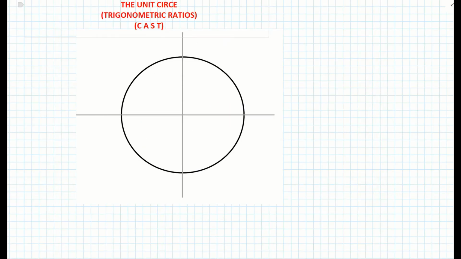So here's my unit circle, and I'm just going to draw my radius line from the center out to the edge of the circle, and I'm giving that a length of 1 because it's my unit circle. I'm just going to drop a line down from my circle to the x-axis. This is my x-axis and my y-axis, and I'm creating that at a perpendicular angle, so I'm creating a 90 degree angle here. Now I've come out a positive amount of units on my x line, so I'm on the positive length here.